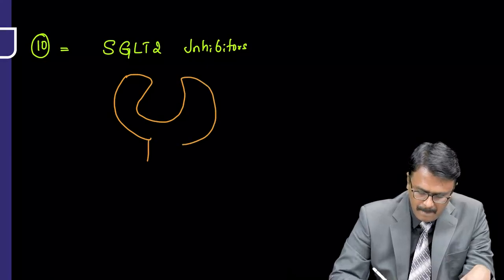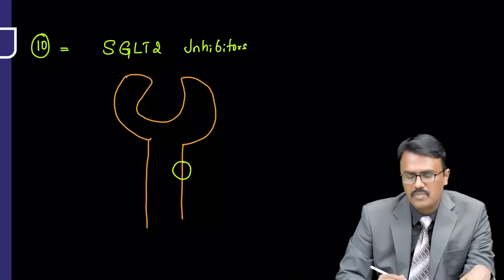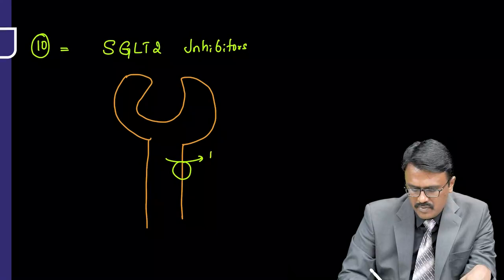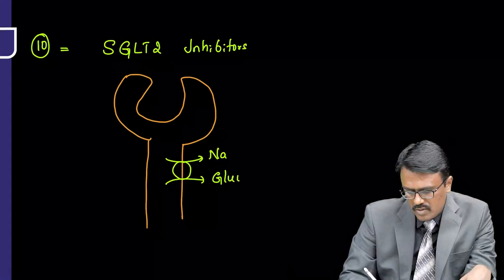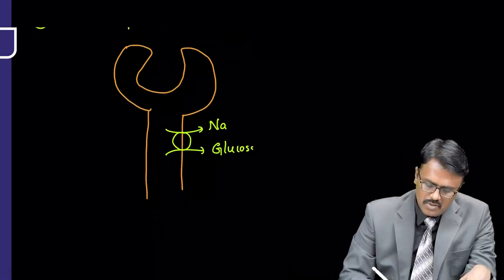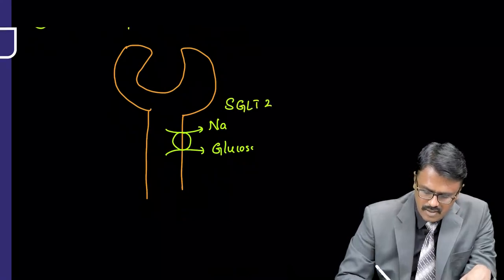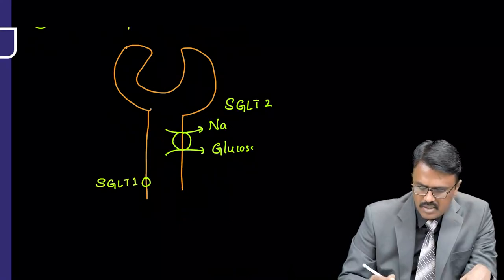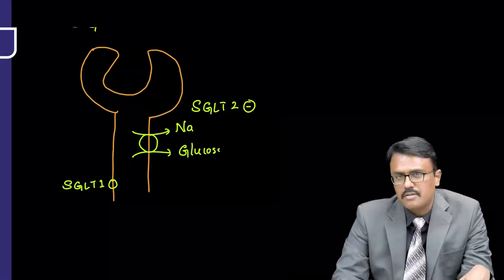So this is the nephron and this is the transporter. It can take up sodium, it can take up glucose, and that is called SGLT2. This is SGLT2, the major transporter, and a minor transporter is also present, that is called SGLT1. So the drugs target this and inhibit this.